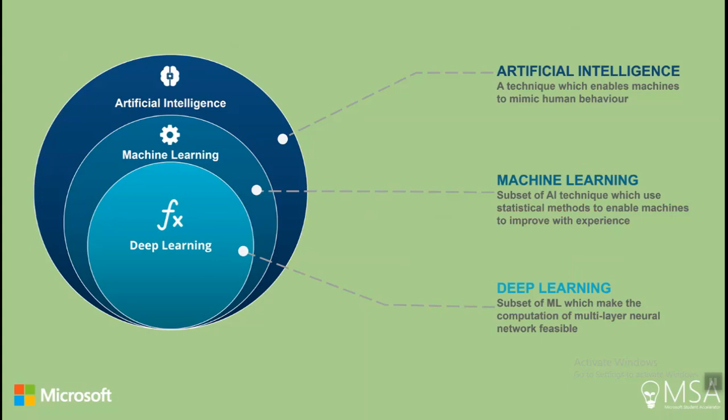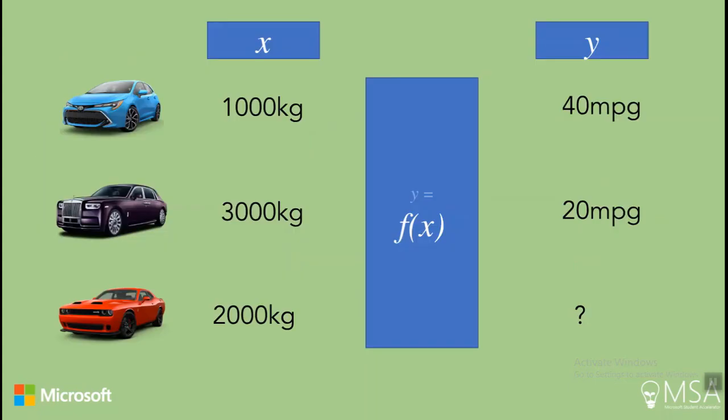So going back to our example, what we're trying to do is create a function that maps inputs x to the outputs y. If you remember your high school maths, you may have come across y equals mx plus c, which is the equation for a line.